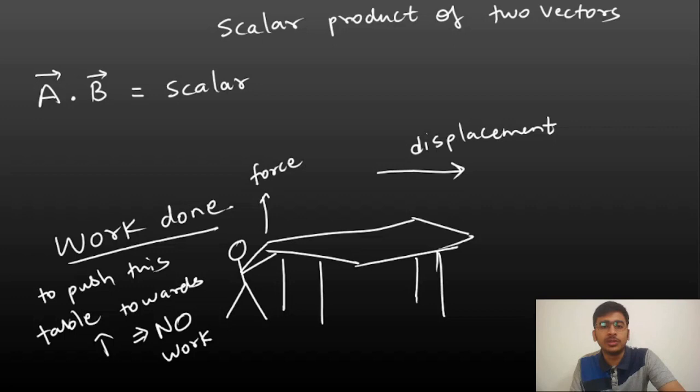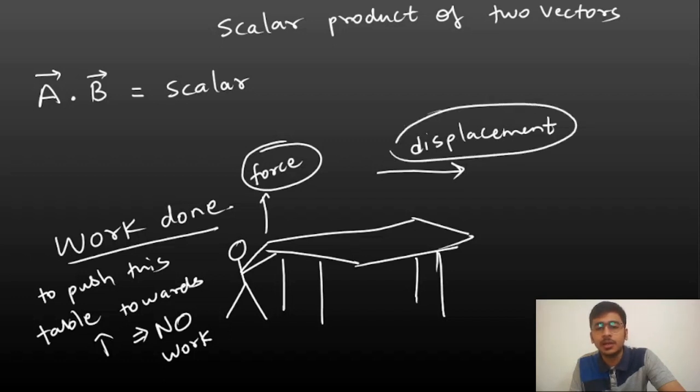So this is kind of what the scalar product is: how much this force and displacement contribute, how much this force affects this displacement. This force does not affect this displacement, so no work is done.